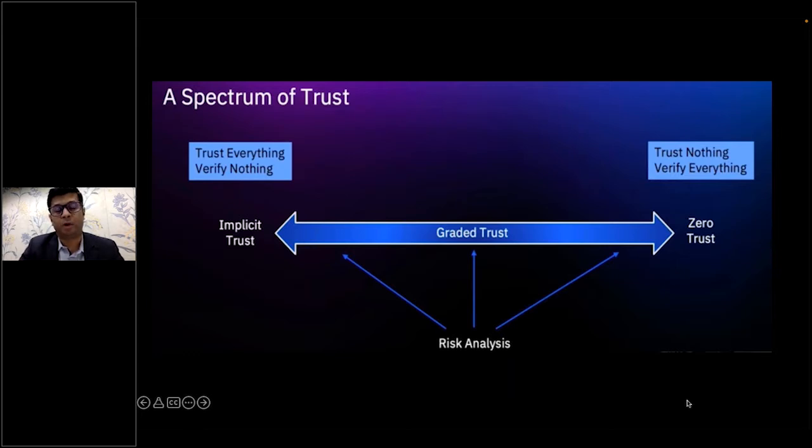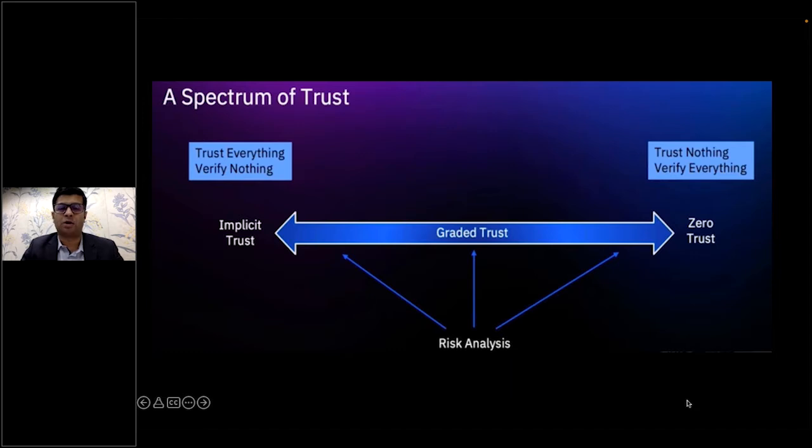So even if that employee is sitting inside the office and trying to access an application, you may still want to look at it holistically: okay, his identity looks good, but is he coming from the right device? All of those aspects you need to look at, and we'll see that in the later slides. But what we want to highlight here is that you are today maybe in an implicit trust, but you need to eventually move to zero trust through analysis, right?